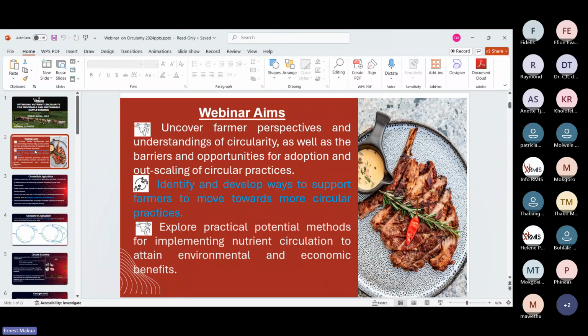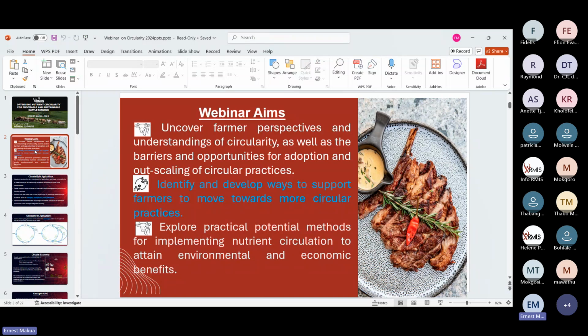My presentation today is aimed at the following aspects. Firstly, it will uncover the farmers' perspective and understanding of circularity, as well as the barriers and opportunities for adoption, and most importantly, the scaling of circularity practices in South Africa. But we'll also identify and develop ways to support farmers to move towards more circular practices in their livestock enterprises.